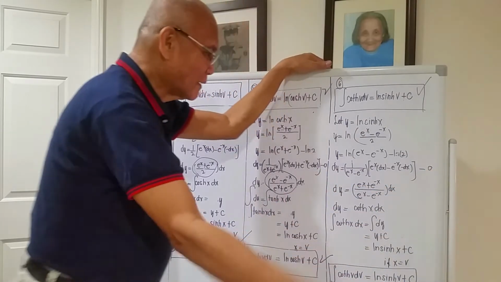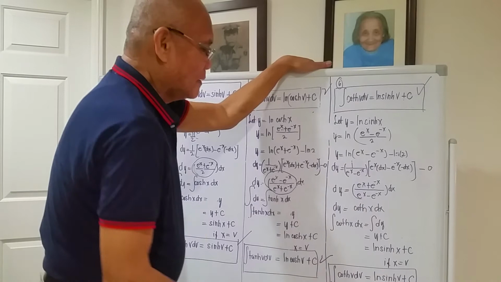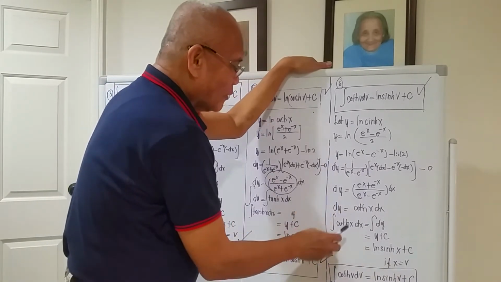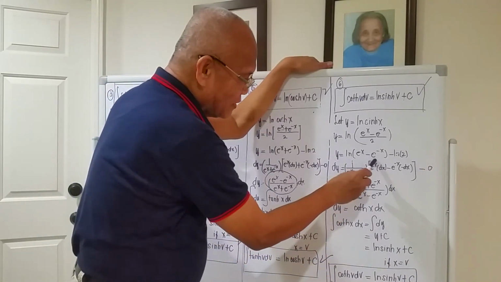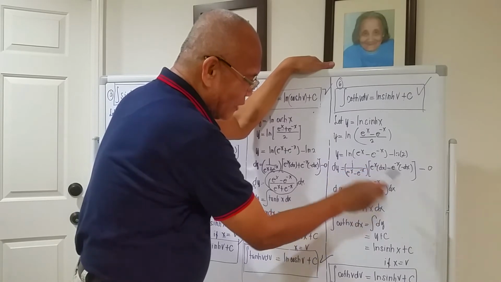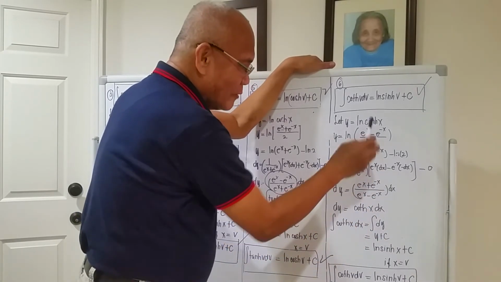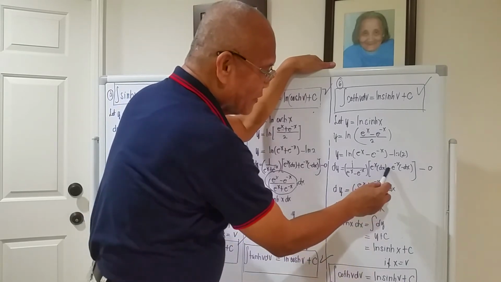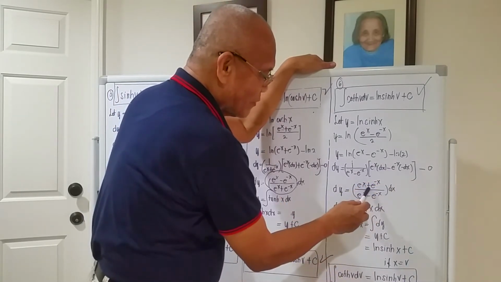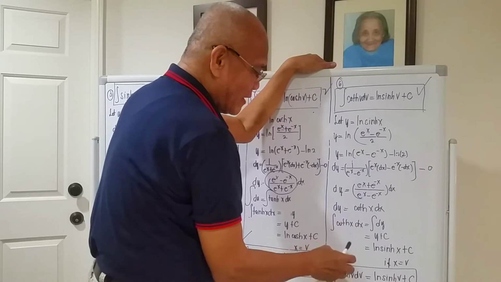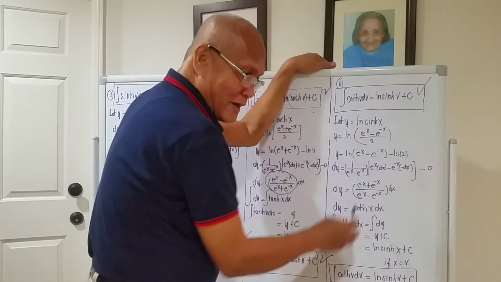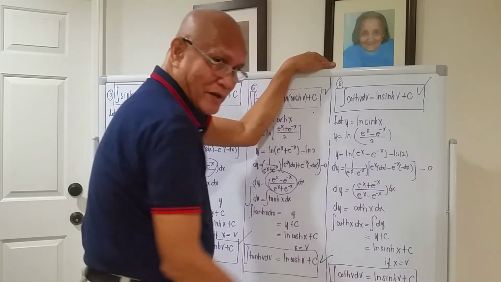Okay, simplifying. dy now will be equal to, first term is e to the x, it is this. I factor out the dx. The sign of the second term on the numerator, it will be plus. This is minus, so this will now be plus. e to the minus x over e to the x minus e to the minus x.